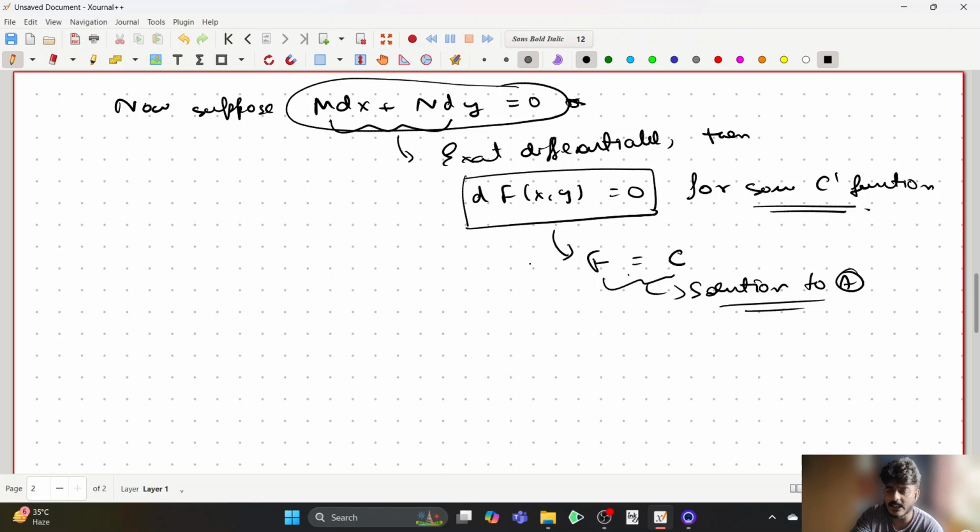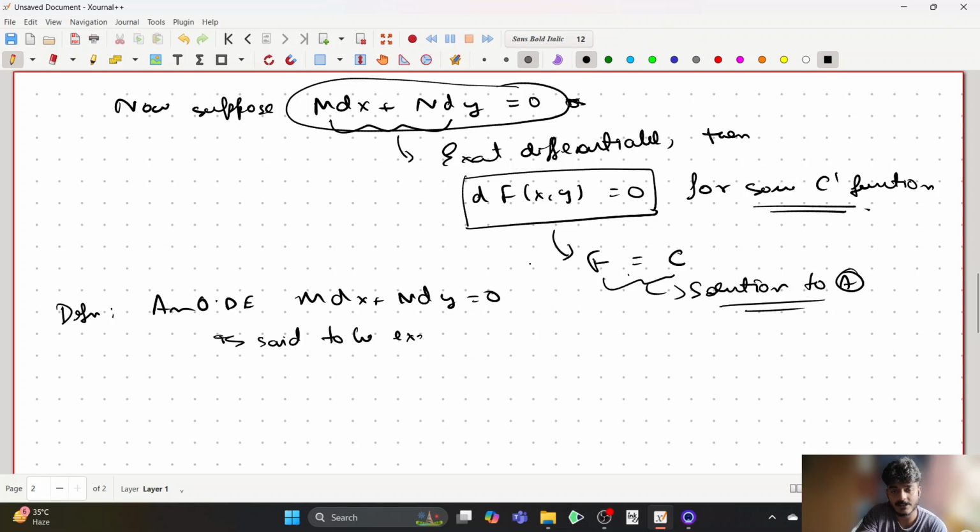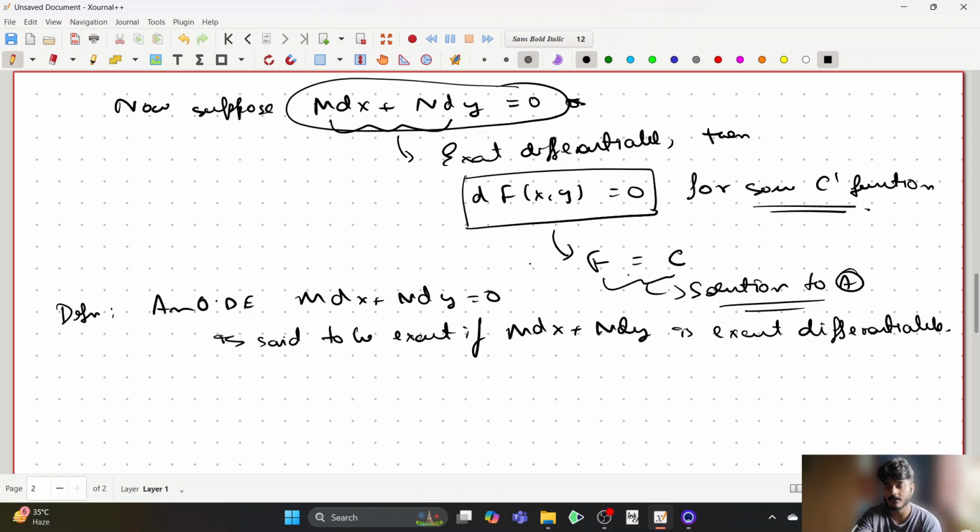Fine. And we will see that this is one of the most important first order differential equations which exist. And such equations are called exact differential equations. So definition: an ODE M dx plus N dy equal to 0 is said to be exact if the expression M dx plus N dy is an exact differential.